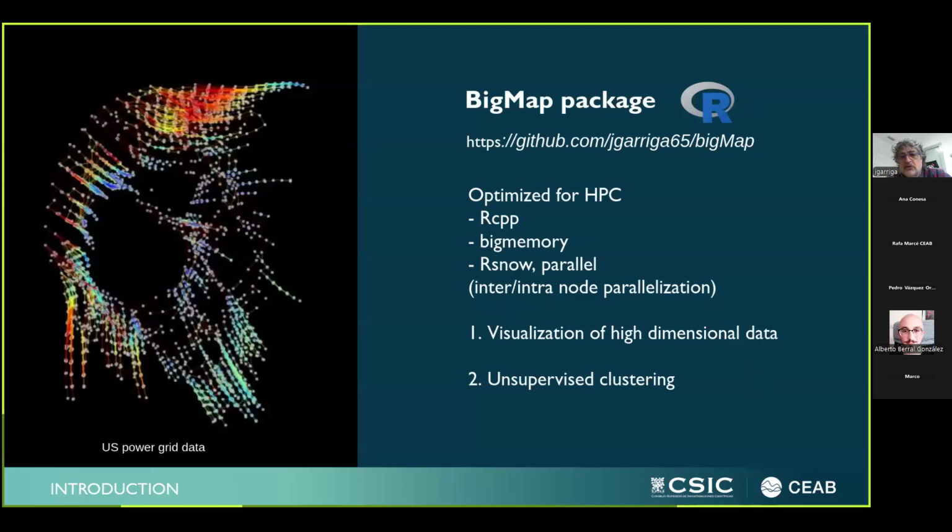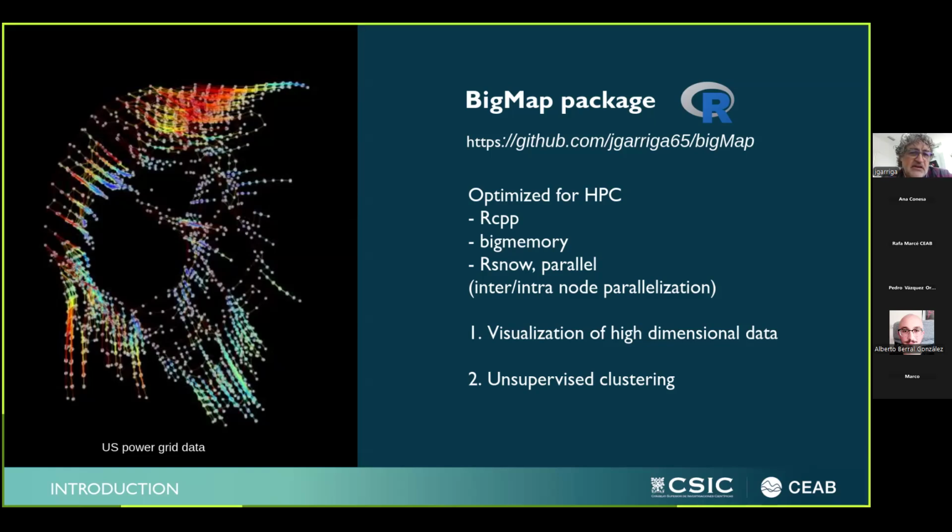The tool, BigMap, is implemented as an R package that you can find in this GitHub repository. There is also a version in CRAN, but this version is not updated, so you better go to this repository for the most recent version of the package.